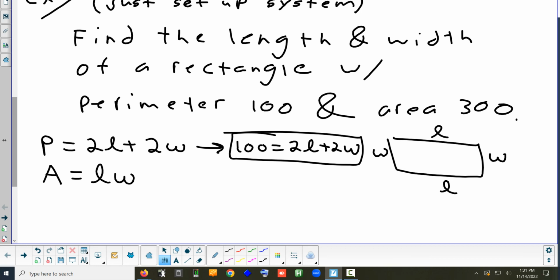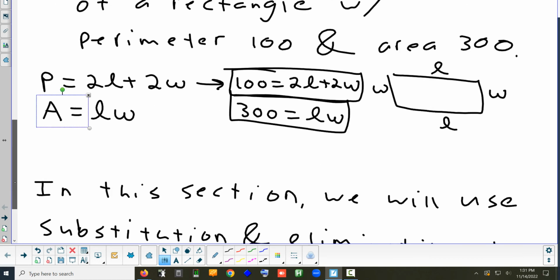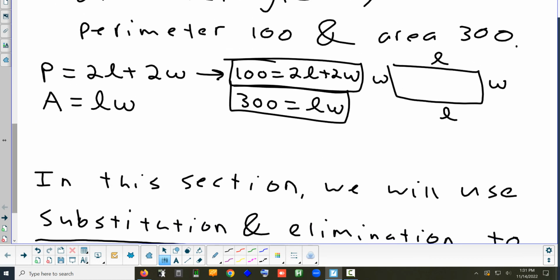So the area is 300. Where you see area, fill in a 300, and that's it. And all they asked us to do was set up the system. We don't have to do anything else yet. Any questions on setting that up?